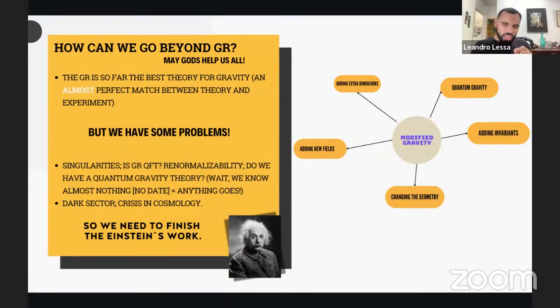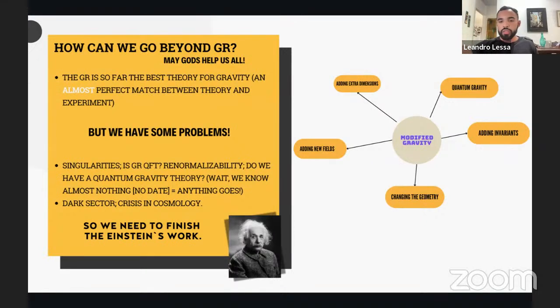You can make a more drastic, harder modification of general relativity if you change the geometry. We know that general relativity is based on Riemannian manifolds. Strictly speaking, it's pseudo-Riemannian, but anyway, you can change the geometry if you want, like Einstein-Cartan geometry.